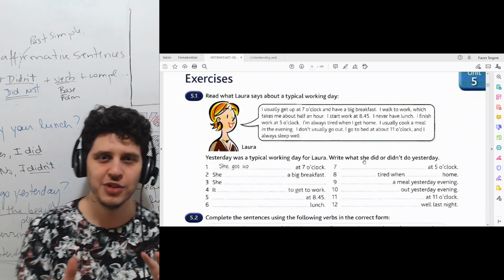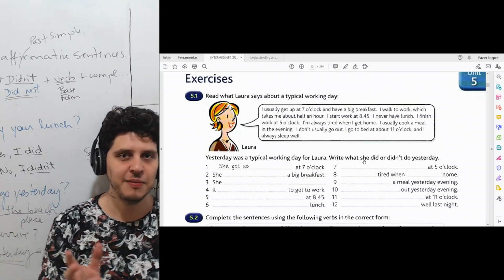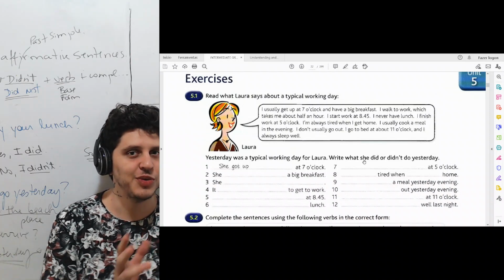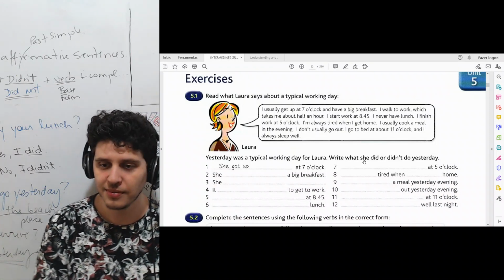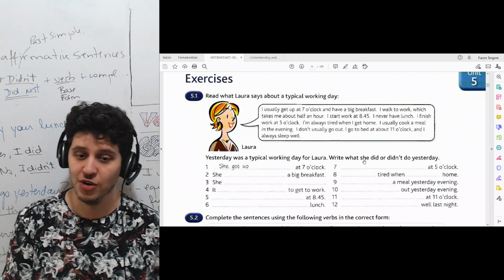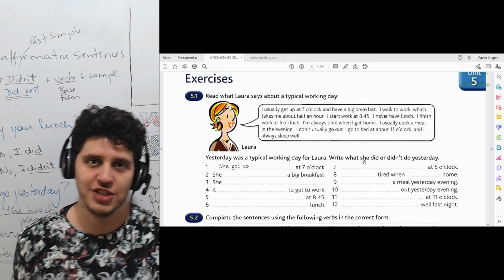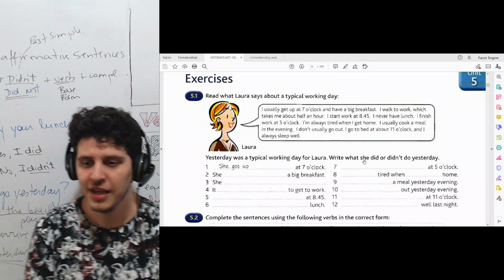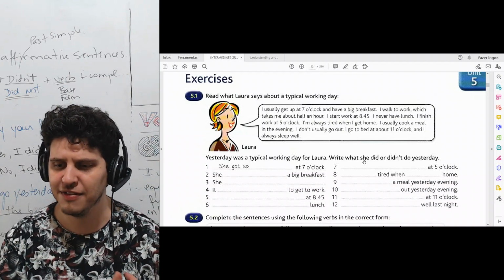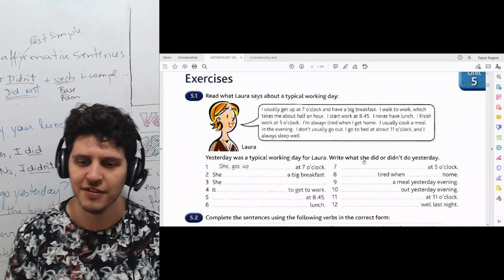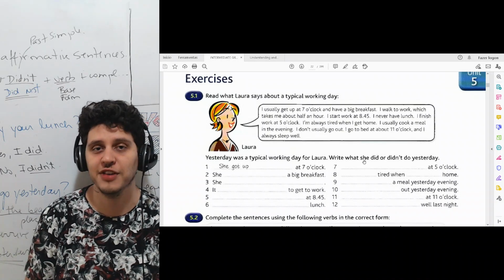You see what we are doing here? We are comparing the present simple with the past simple, so you do not confuse them anymore. I never have lunch. So number 6, she didn't have lunch because she never has lunch, and yesterday was a typical day. Number 7, I finish work at 5 o'clock. So she finishes work at 5 o'clock every day.